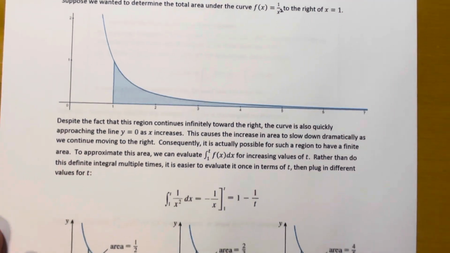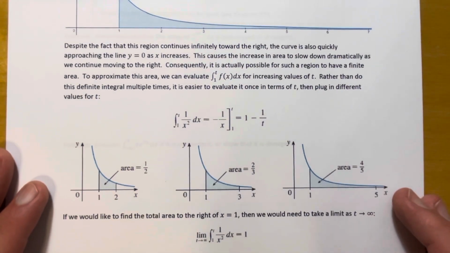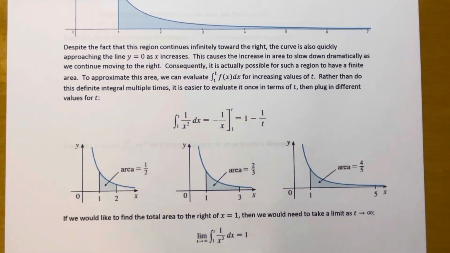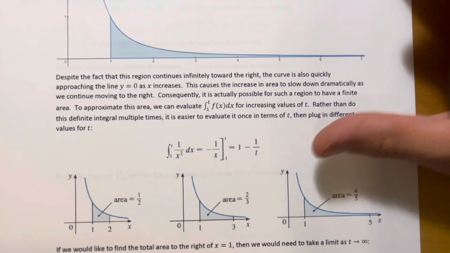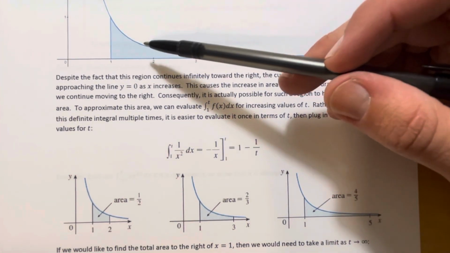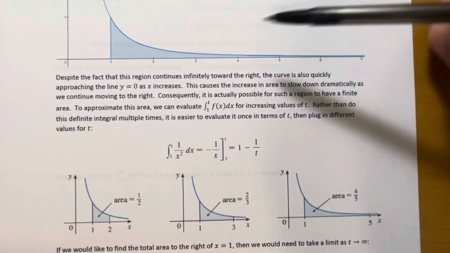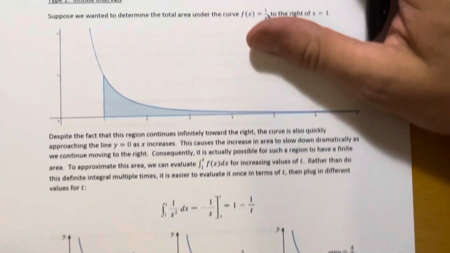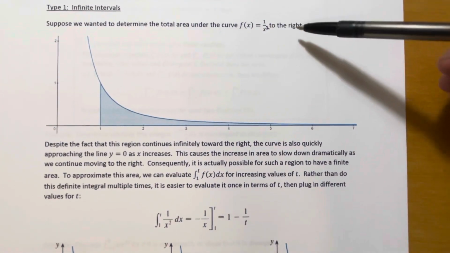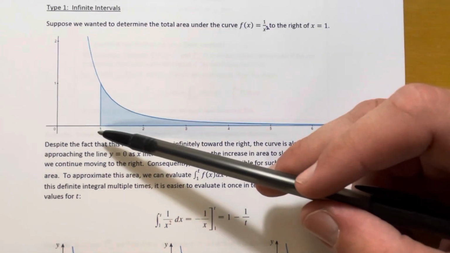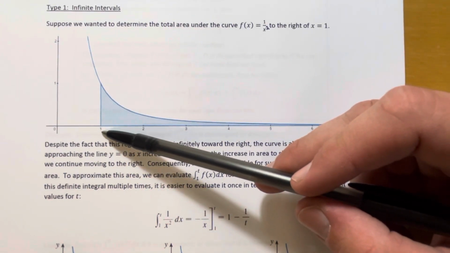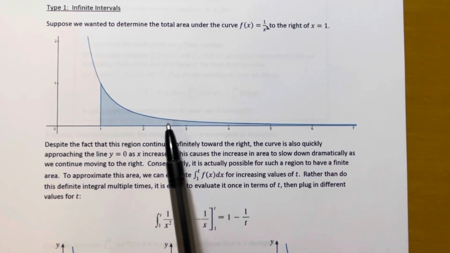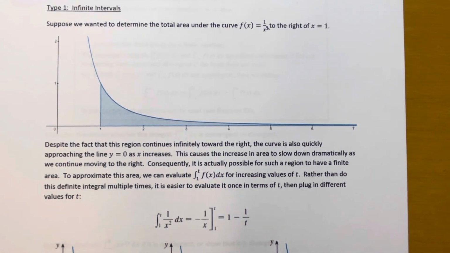Let's think about how we might try to approximate that area if we didn't know what else to do. I can think of this integral as the integral of 1 over x squared dx, with limits of integration going from 1 to infinity. I can think of the upper limit of integration as being infinity, since this goes forever to the right.